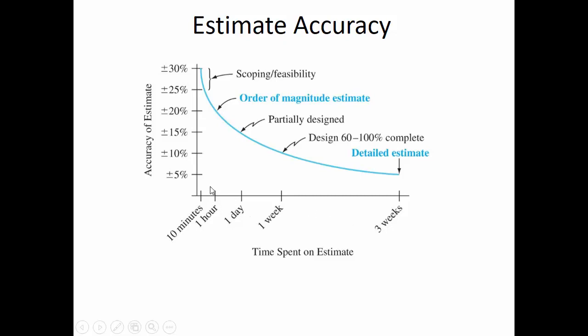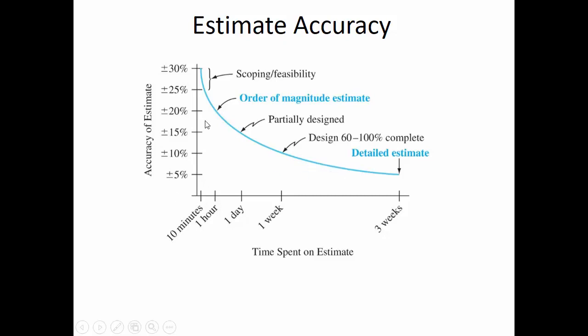But what this figure is showing is that your accuracy improves as you spend more time putting together the estimate, but it starts to taper off, where you're spending more and more time but the improvement in accuracy is declining. The rate of improvement is getting less and less as you spend more time on it.